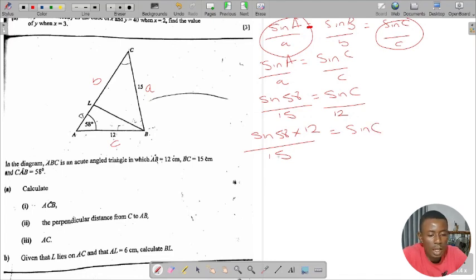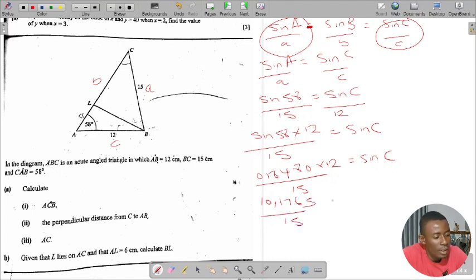So sine 58 is 0.8480 times 12 divided by 15 is equals to sine C. 0.8480 times 12 is 10.1765 divided by 15 is equals to sine C. So let me rub off here.